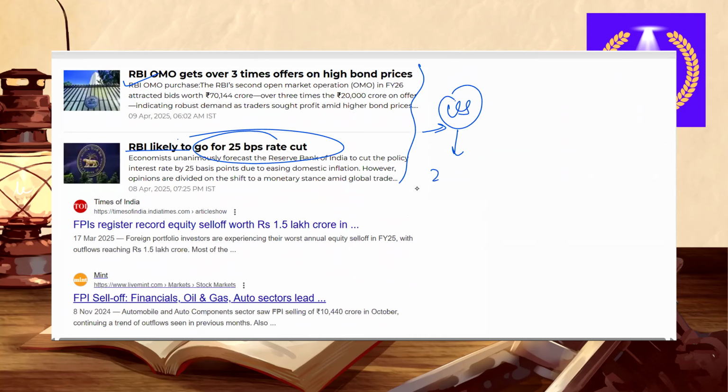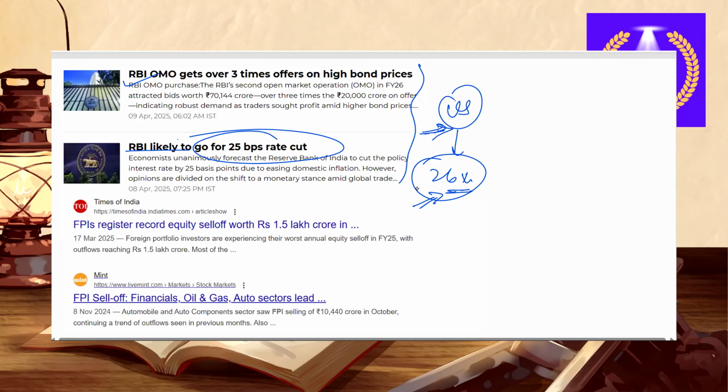Yes, very good, 26%. So in the coming days, the US is going to announce a reciprocal tariff of 26% on import products from India, right? So all of this has an impact.